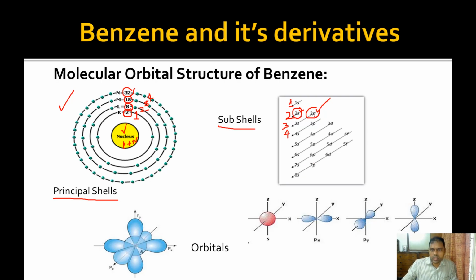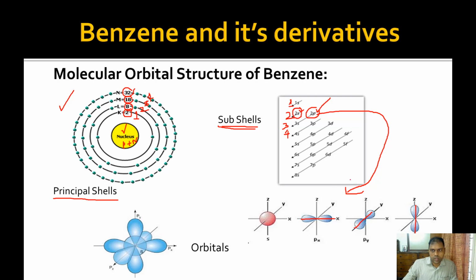Now each of these p subshells will have these orbitals. These are the orbitals, right? In the case of p, you are going to have px, this orbital, you're going to have py, this orbital, and you're going to have pz, this orbital.